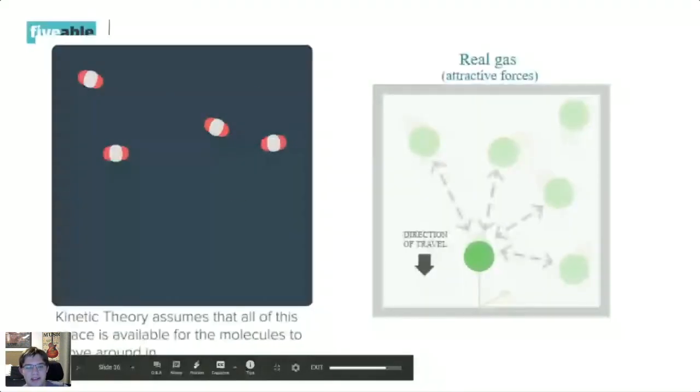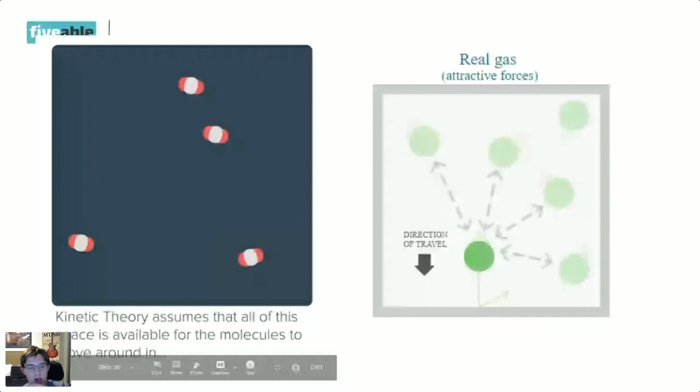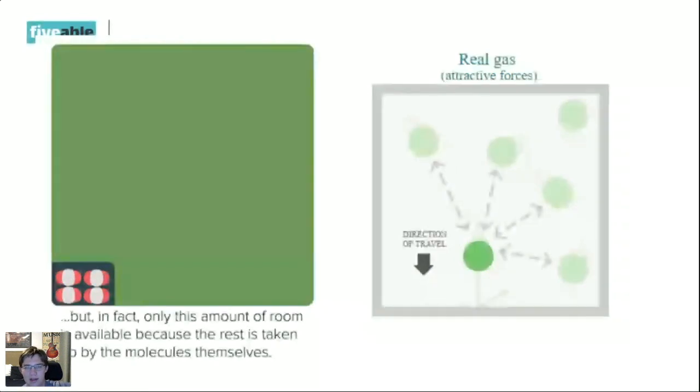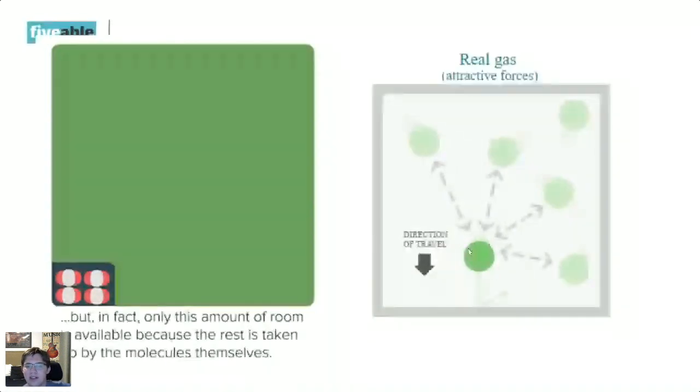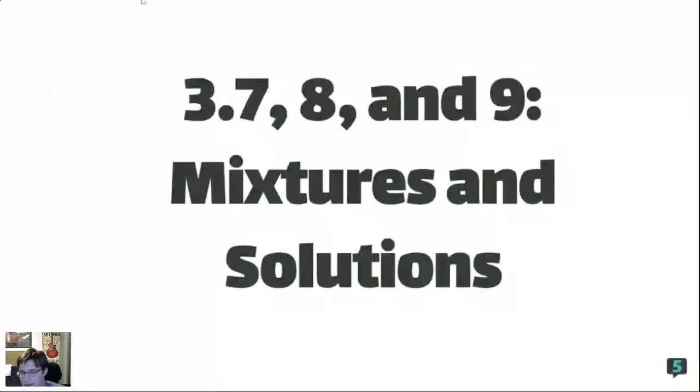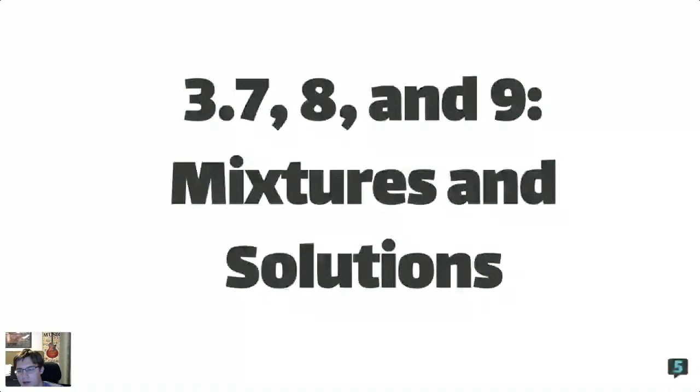Right, it assumes that the space is available for all the molecules to move in. But only this amount of room is available because the rest is taken up by the molecules themselves, right? And that has to do with the actual deviations from the ideal gas law. Similarly, in a real gas, we see attractive forces that occur, right? If we have water vapor, we're still going to see those hydrogen bonds happen. And so that's where the ideal gas law fails. So I know there was one person who was kind of iffy on it. So does it make better sense now, or do you still have a couple of questions on it?